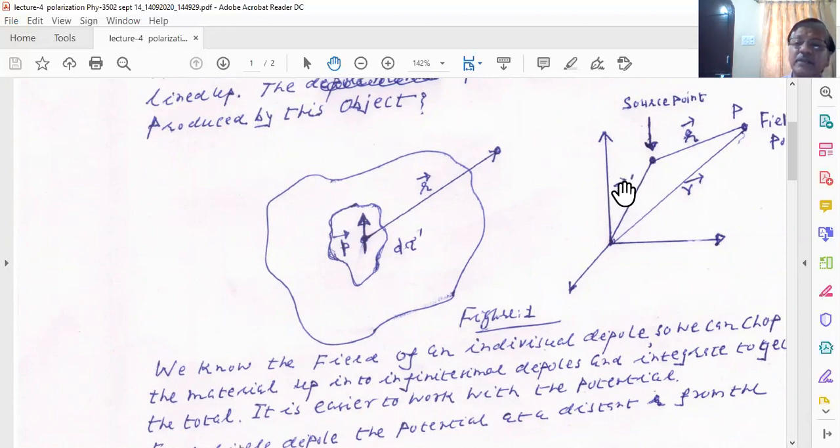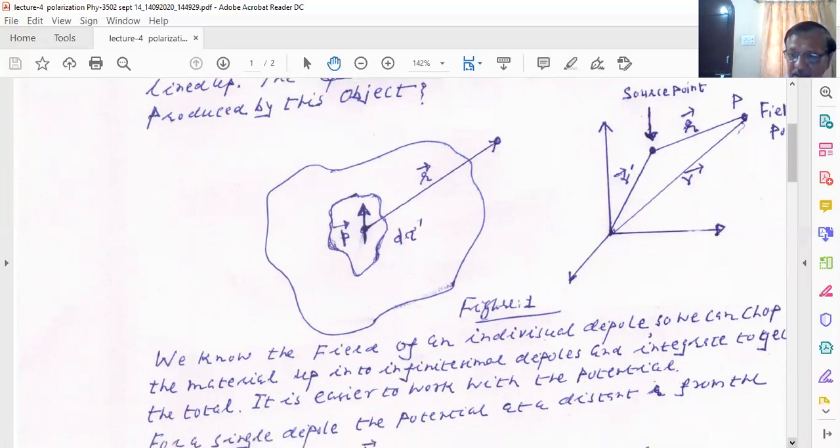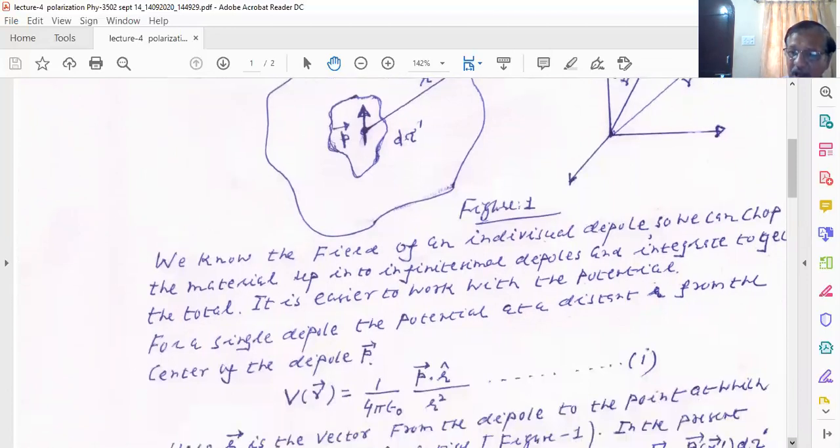Please remember, we are taking different dipoles of different volume elements, so this r prime is also changing. Our basic interest is to take the gradient of 1 upon r.